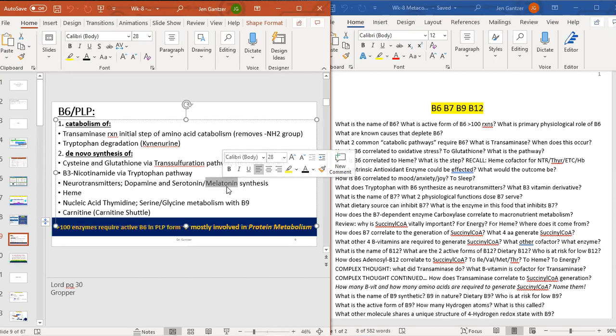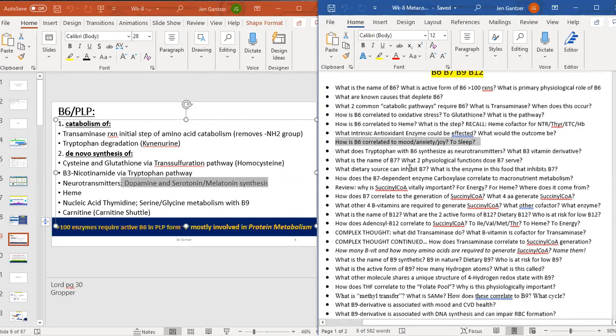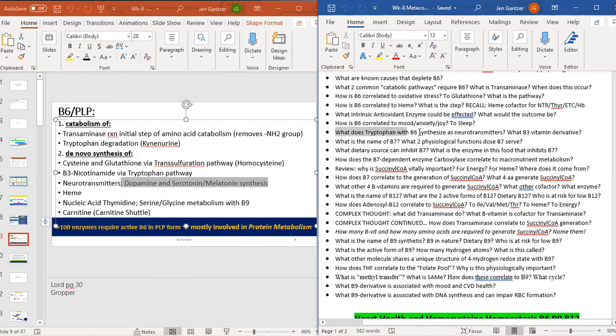So you need B6 to convert serotonin into melatonin. So if someone doesn't have sufficient amounts of B6, don't you think they might be susceptible to some mood issues and depression and maybe some insomnia? Absolutely, because that's how our body supports the synthesis of these important hormones and neurotransmitters.